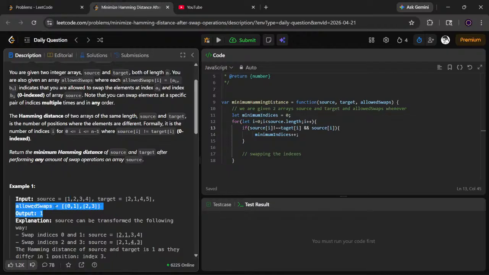Okay, let's compare i equals allowed swaps of i.